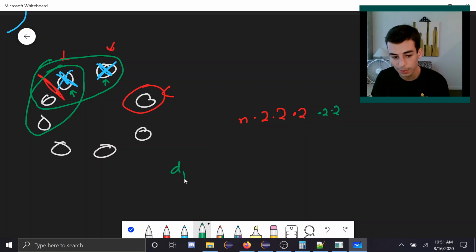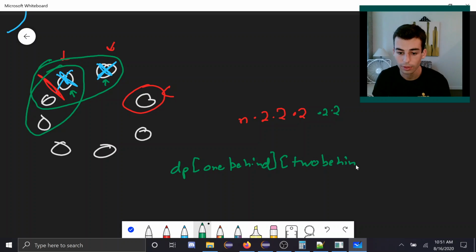So our state will be dp of like what's 1 behind you, what is the value that's 2 behind you, and then also what is like the first thing in the array. Also, what is the value that's second in the array?